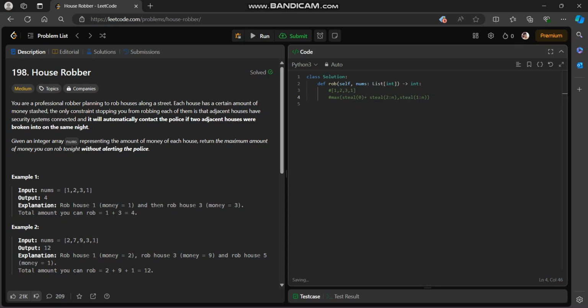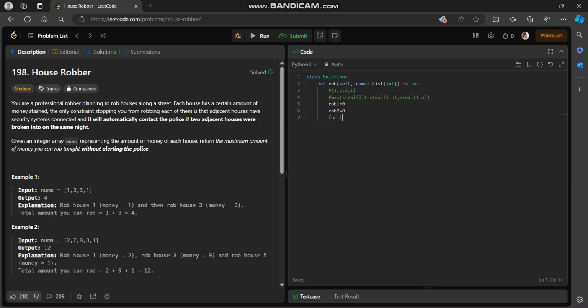So I am considering this steal of 0 as rob 1 initially, initializing it to 0, and I am considering this as rob 2. For the starting, I'm considering it also as 0. So considering both as 0 in the starting, I need to iterate through the other houses.